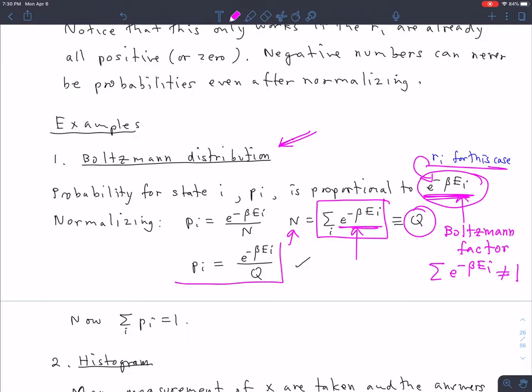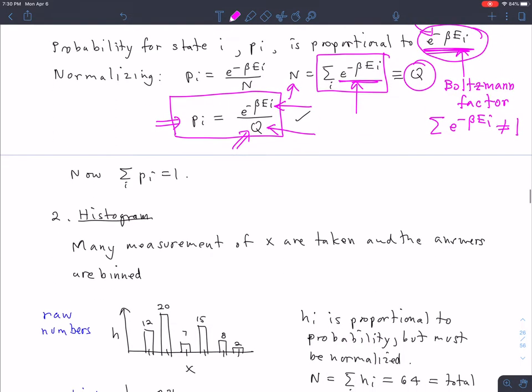And that means that our proper probabilities are just the Boltzmann factors, the exponentials, divided by the normalization factor, which we call q in the context of statistical mechanics. And we've seen that this is normalized. They all add up to 1. And so now we know where that q came from also up in the Boltzmann distribution.